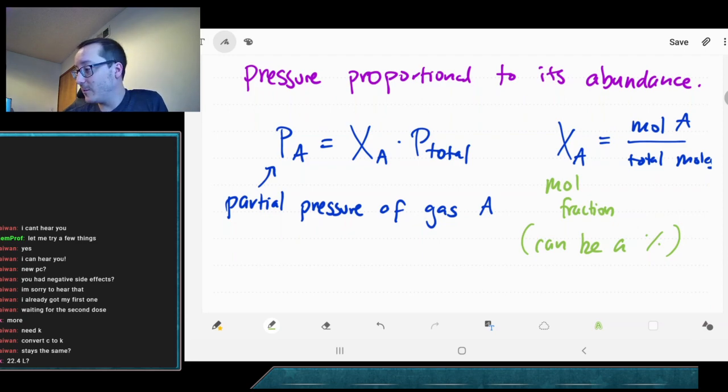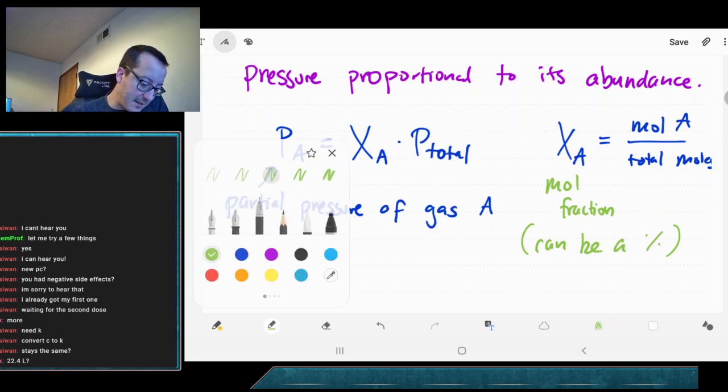Thankfully, because we assume that all gas molecules behave the same, we can make this relationship happen. We'll really see how to use this tomorrow. We'll finish up the gas chapter. This is the last little topic, when we're dealing with mixtures of gases, and it's really just applying the ideal gas law to a particular gas within a mixture.